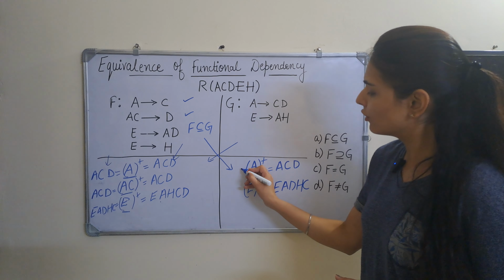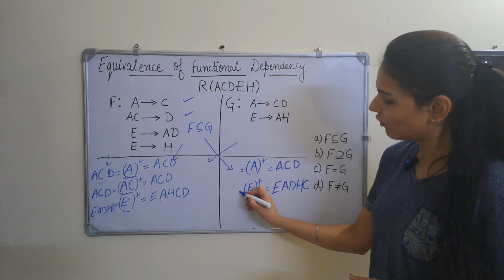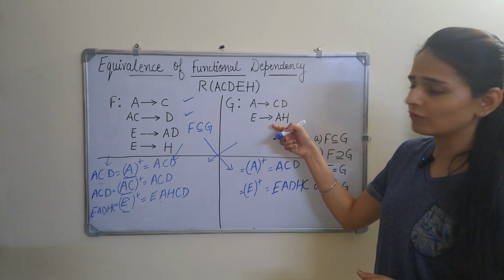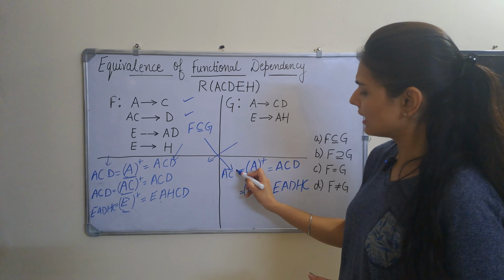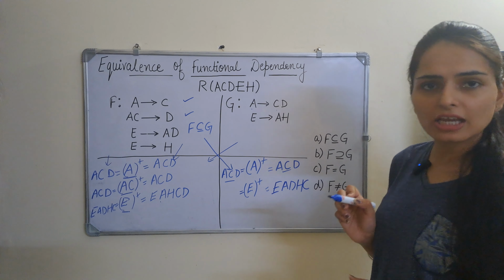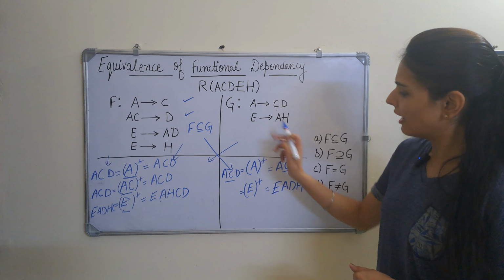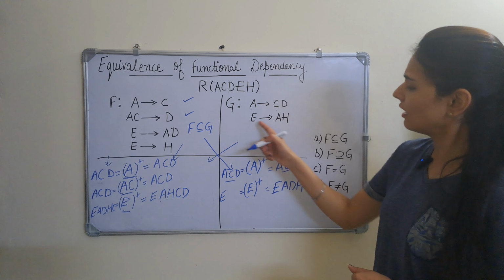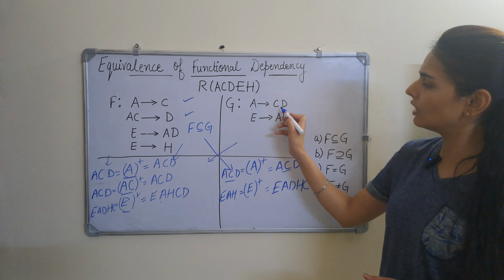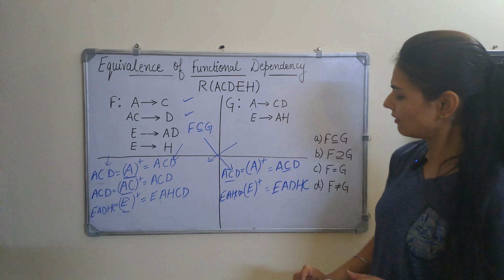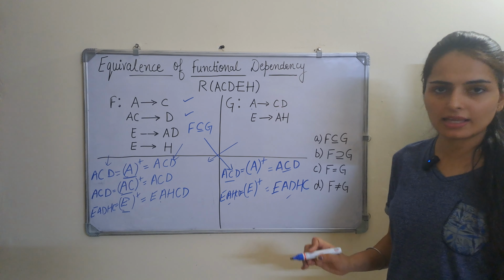Next, we will check for A and E, and compute it again for G. For G, we know that for A we have A, then with A we can know C and D. So these two are equal. Now for E, if we know E, then we know A and H, and if we know A, we know C and D. So again we can see that these two are equal.